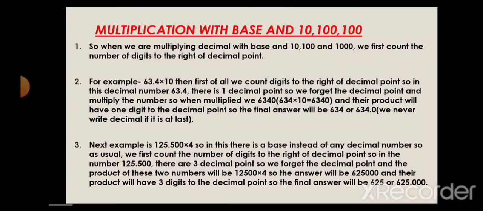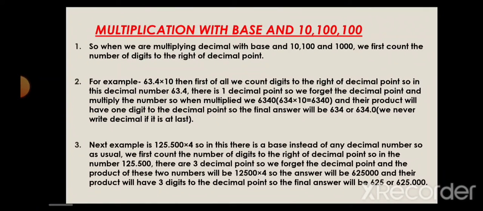Our first step was we need to forget the decimal point and 0, but it is only one number that has decimal places, so we will forget the decimal point only. After forgetting the decimal point, we get 125500 multiplied by 4.